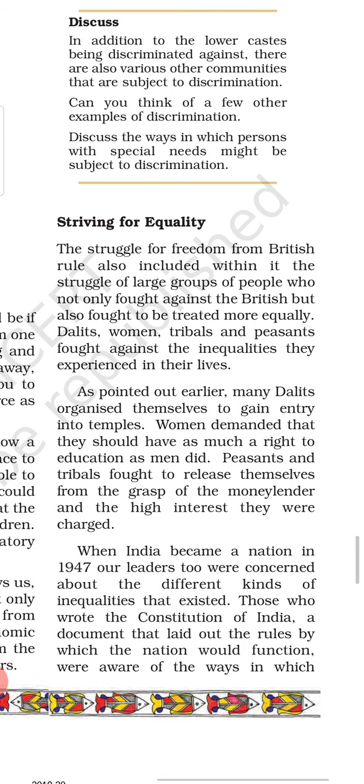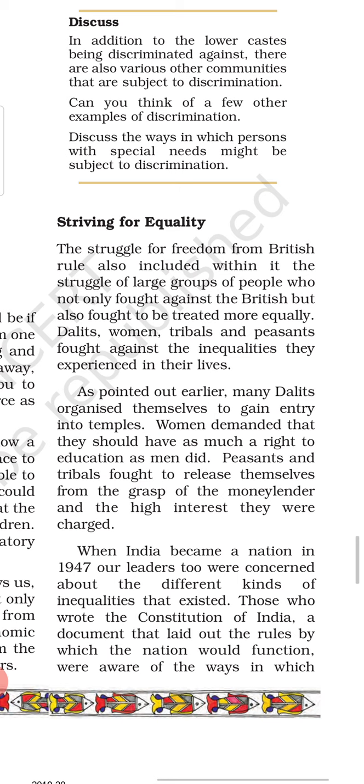Okay, striving for equality. The struggle for freedom from British rule also included within it the struggle of large groups of people who not only fought against the British but also fought to be treated more equally.